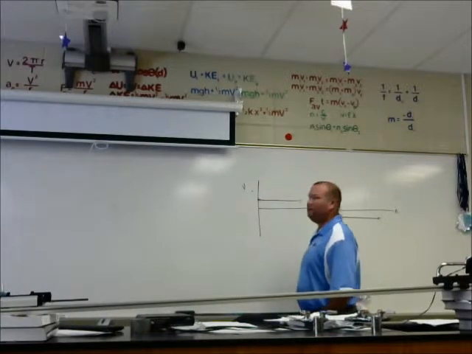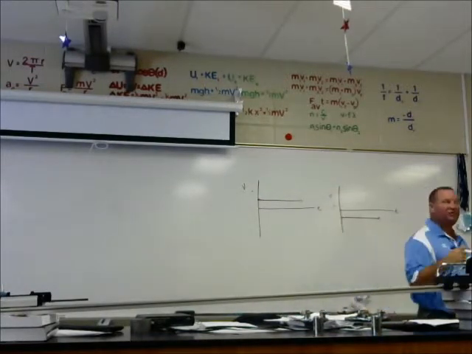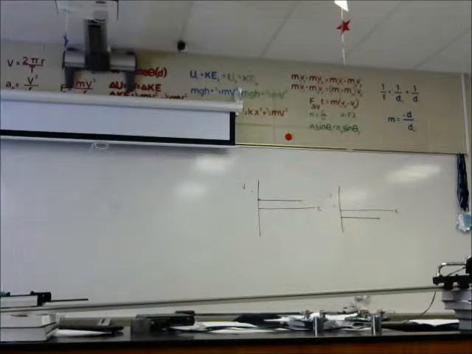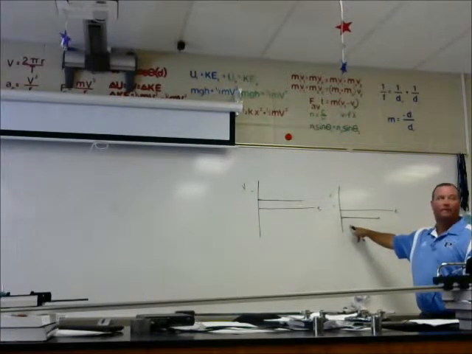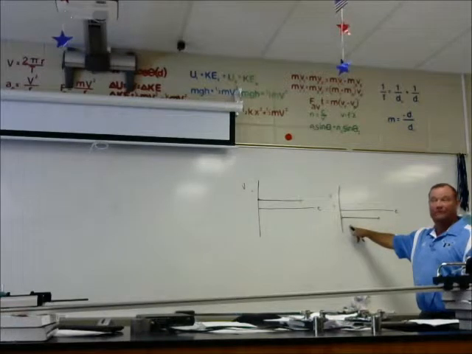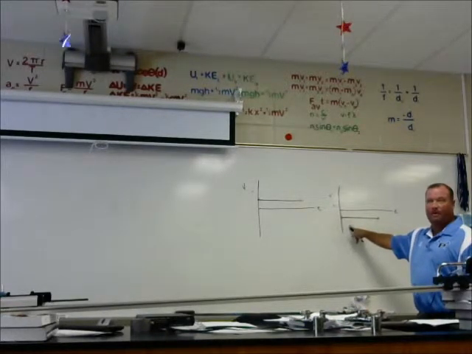On the first one, which direction is the object moving? To the right. Constant rate or changing rate? So we call that constant velocity. To the right. What about in B? Constant rate to the left. Constant velocity to the left, correct? All right.